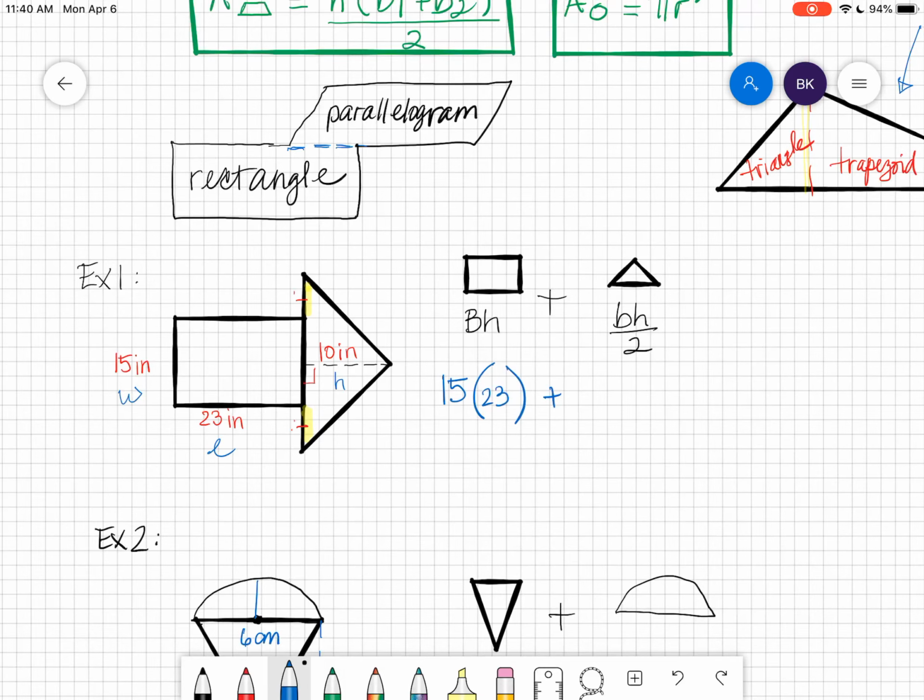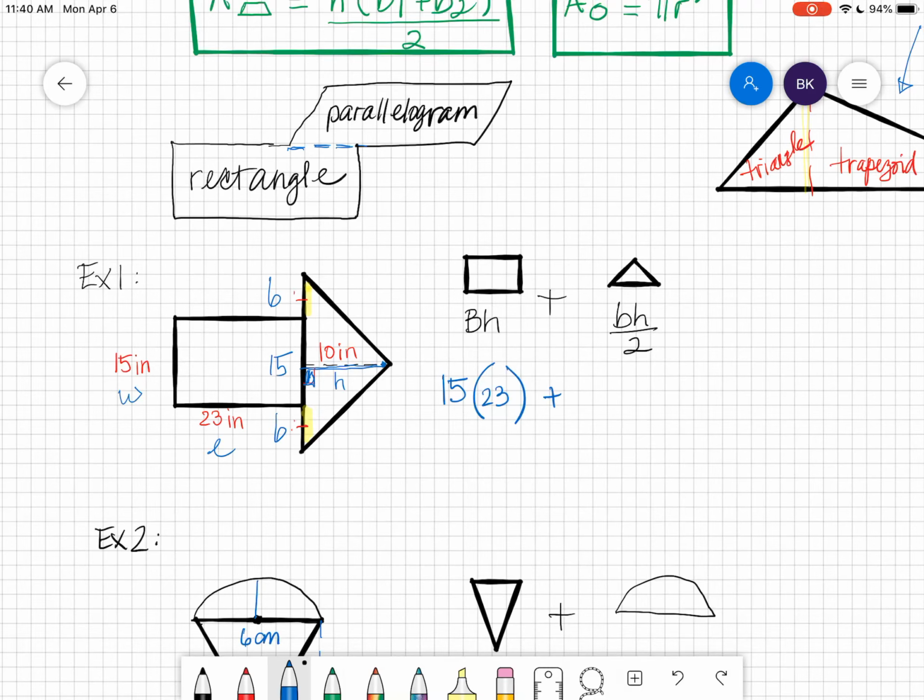Remember that this one is a little bit of a tricky one because the height is 10 inches. If you turn the shape, remember the height drops down all the way to the base, and it is perpendicular to the base. So the base, this part is 15, and this one is 6 and 6.